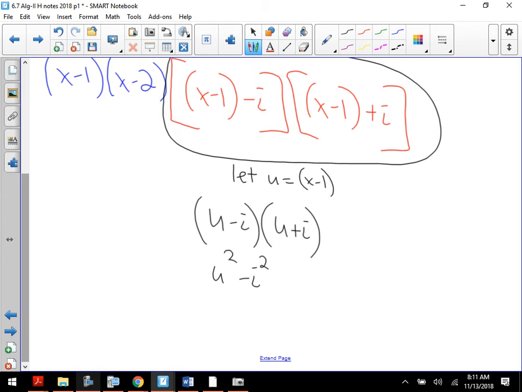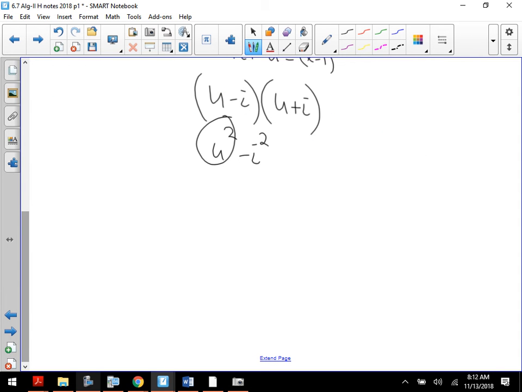So basically what happens here is that by doing this, I know that this is now the quantity x minus 1 squared plus 1. So I have to just jump square back.